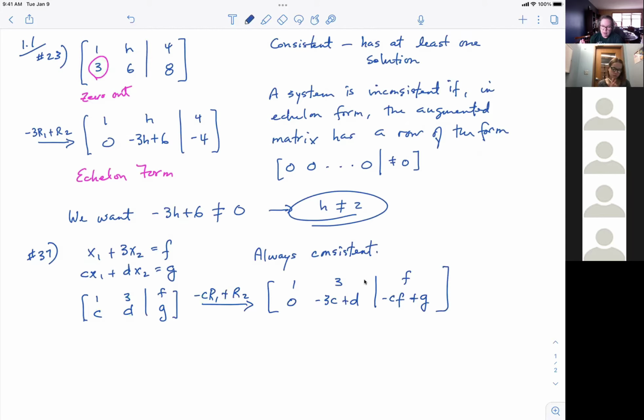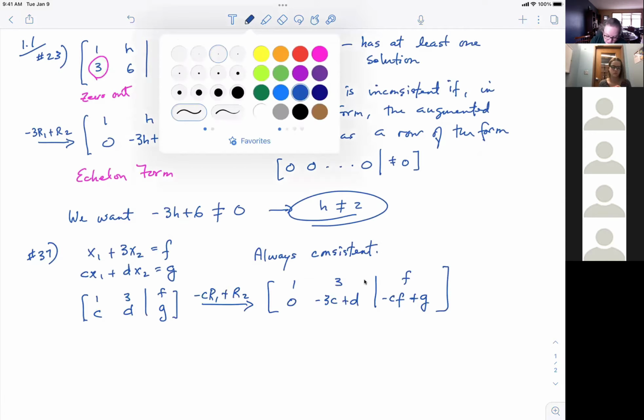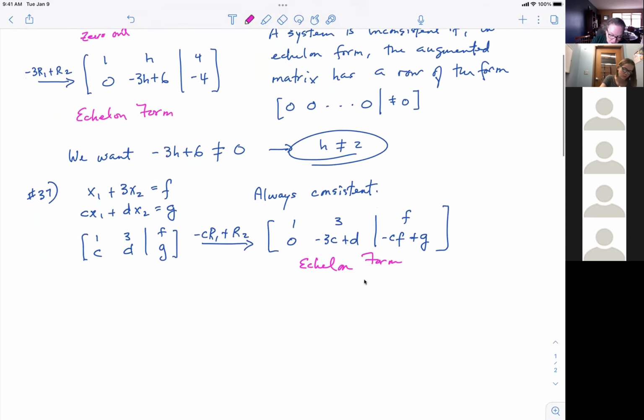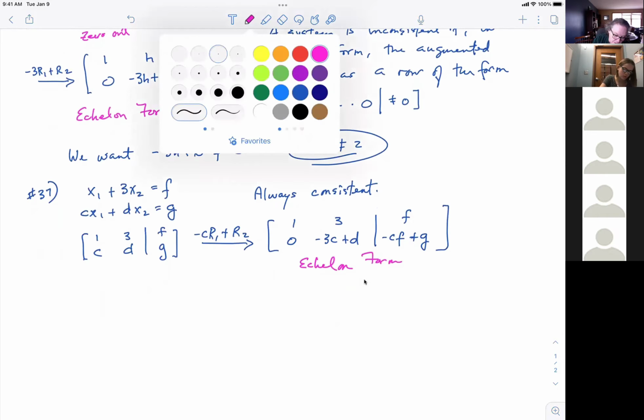And then again, just like in the problem above, we're now in echelon form. So let's think about this.